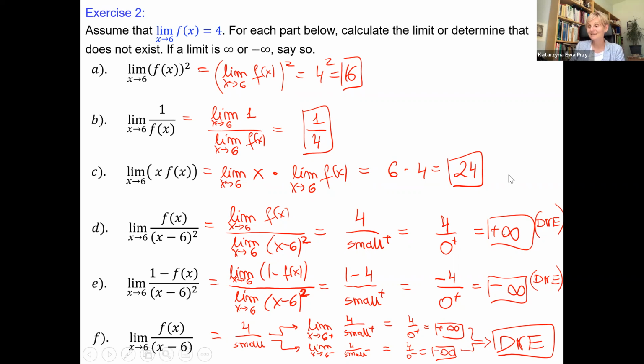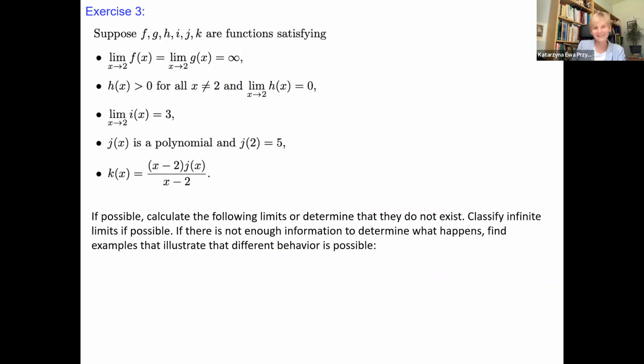Okay. And I have one more exercise, and we will be done with the basic laws of limits. Okay, a couple of things, a small scenario, and then we will calculate limits. Now we have functions f, g, h, i, j, k, and the functions have these conditions.